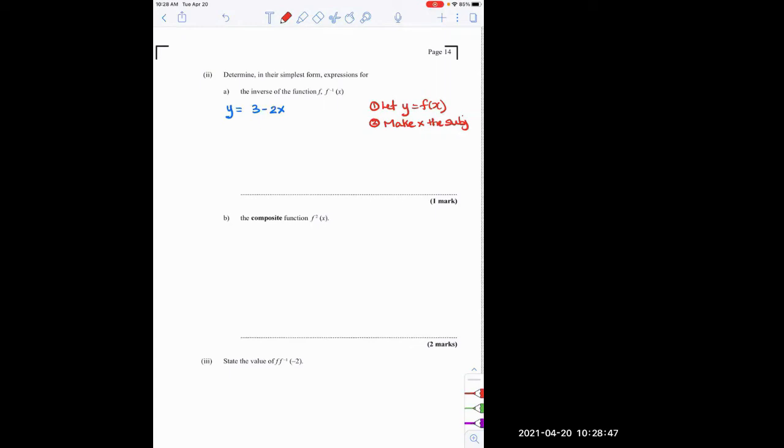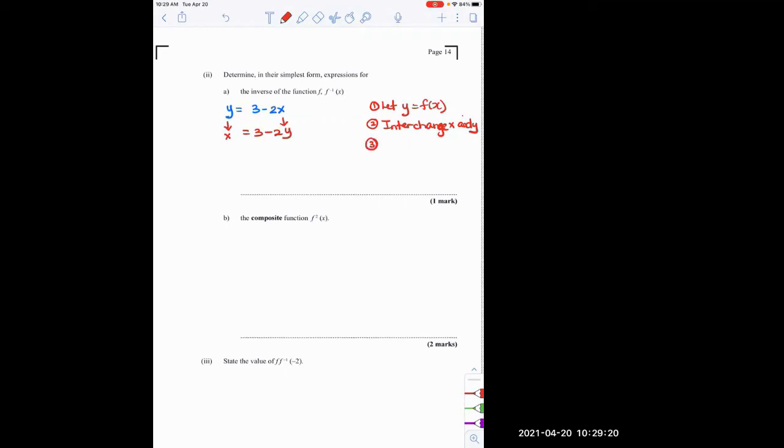Let me interchange it. Step 2, interchange x and y. So what it means, I replace y with x and I replace x with y.